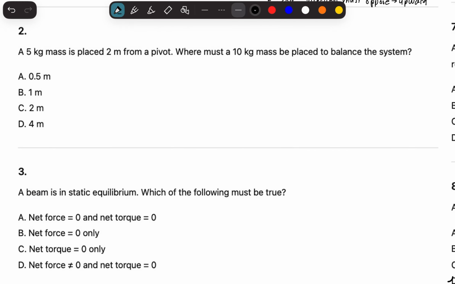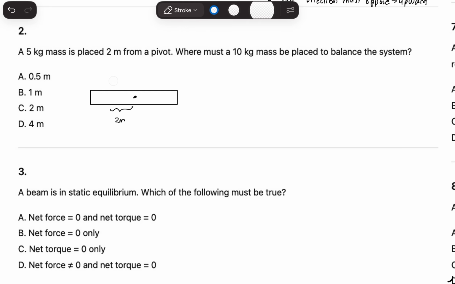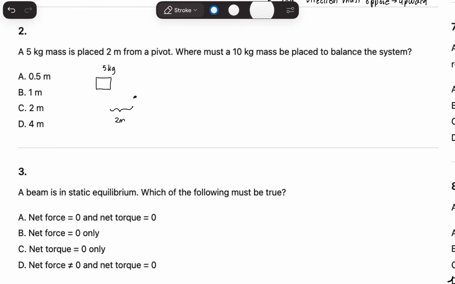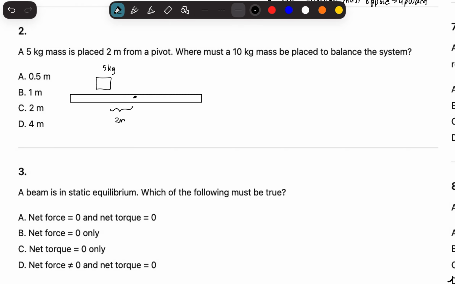A 5 kilogram mass is placed 2 meters from an object. Where must the 10 kilogram mass be placed to balance the system? That's our pivot. So where do we place the 10 kilogram mass?